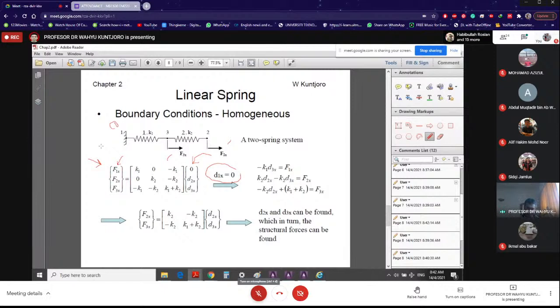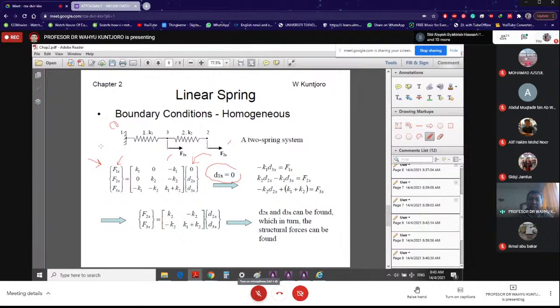Why is it not 0? Reaction force. That's also correct. It is reaction force, meaning that you have reaction force there. So it might not be zero. It will have a value. But at the moment, we do not know.